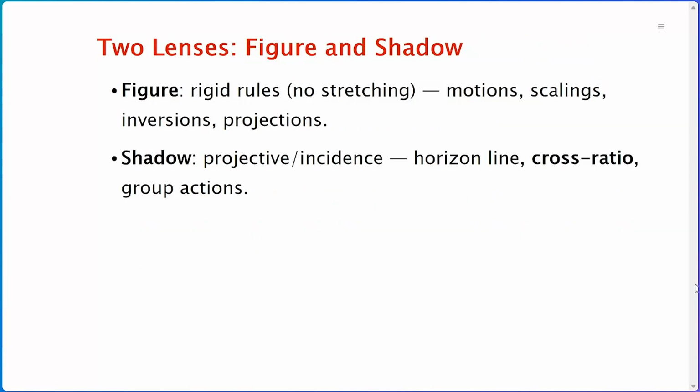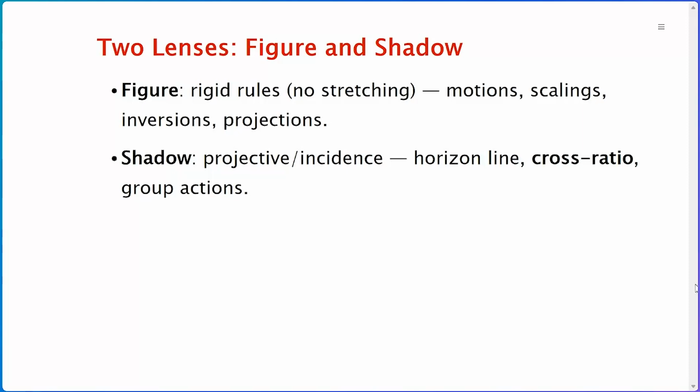But here are the two lenses, figure and shadow. My motivation is to find an appropriate and smart name for classic geometry. So let me name the two lenses explicitly.